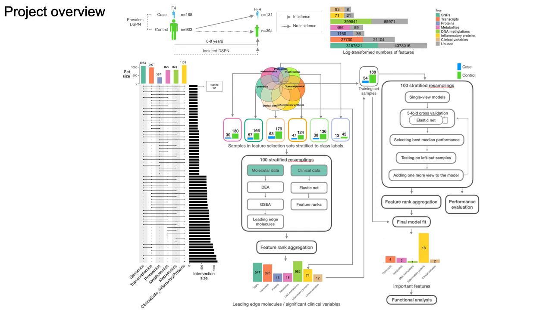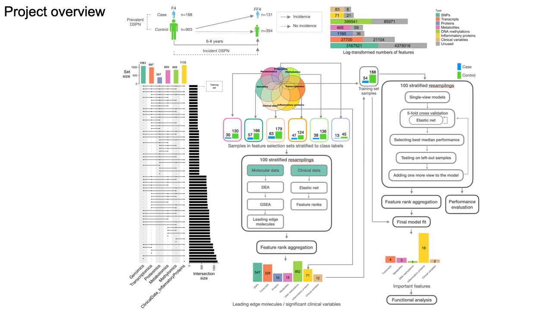And for clinical data, I did elastic net followed by extraction of the feature importance ranking to select the most relevant features. At the end, I use a feature rank aggregation algorithm to aggregate all of the feature lists together into a single list for each data type, and use that for the machine learning part.